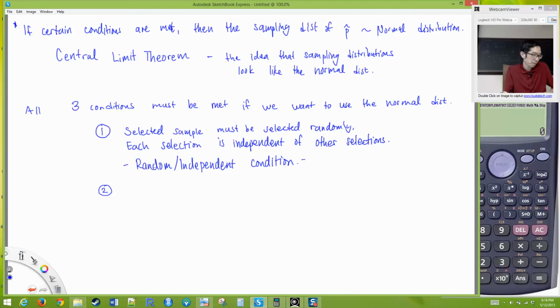And there are two other things. One is we don't want our sample to be too small, and we don't want our sample to be too big. Okay, so our sample cannot be too small. So this is known as the large sample condition.